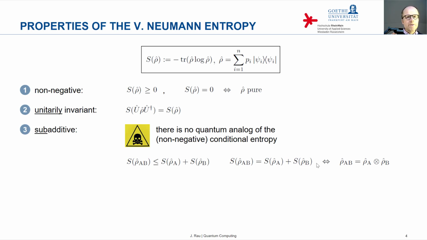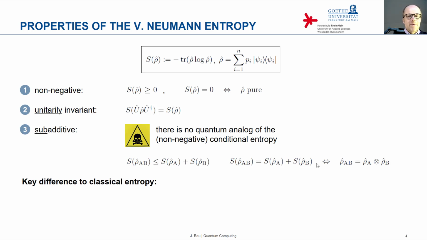So this part of additivity or subadditivity carries over from the classical case, but the part involving the conditional entropy does not. So this is one first deviation, and another and even more significant one is the following.